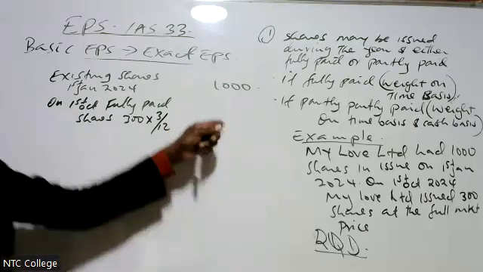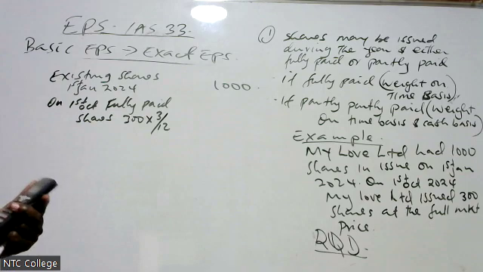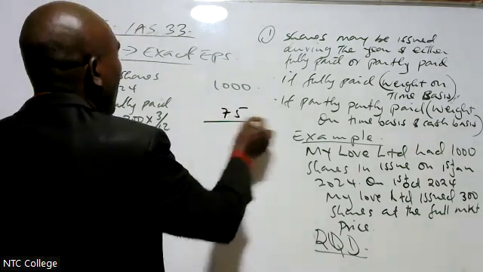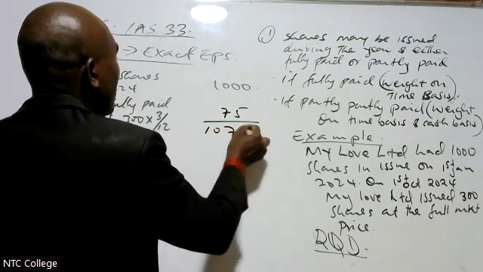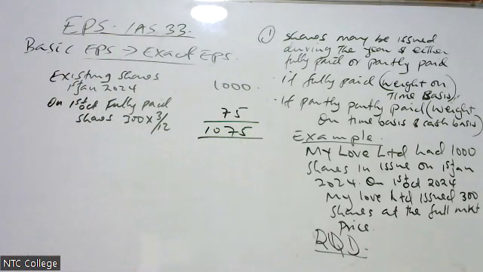Who can give us the number of shares that we participate? Because those shares that we issued on 1st October, we weighed them on time basis. It will be 300 times 3 divided by 12. I'm getting 75. Therefore, my one-offs will be 1,075.